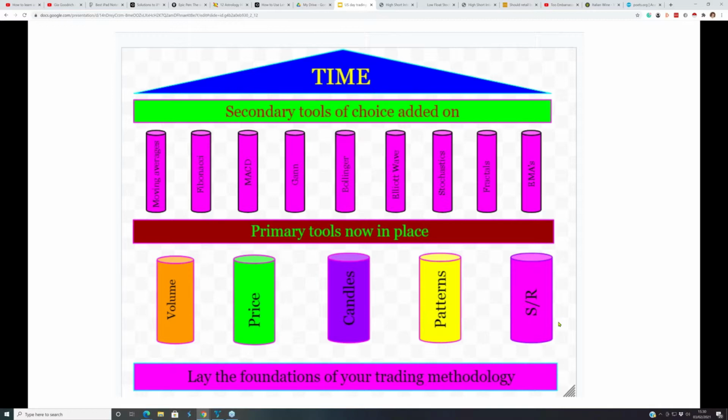You can combine them with what we call secondary tools, but they're not second best. They're secondary to the primary tools that we call part of volume price analysis. Secondary tools are proprietary indicators, Fibonacci, Camarilla, Elliott Wave, etc. So everything really is based on this very solid foundation.